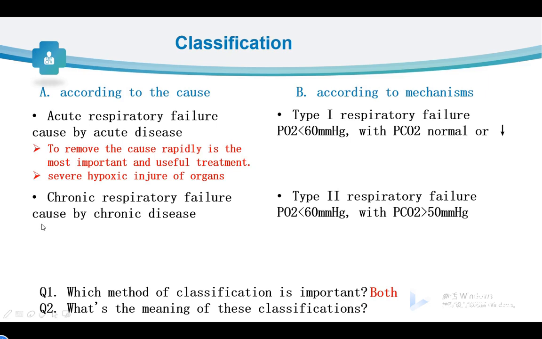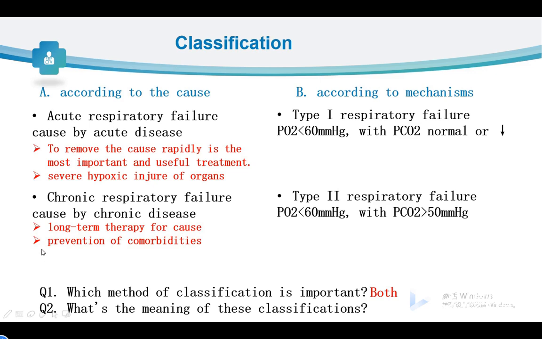But for the chronic disease, which can cause chronic respiratory failure, the typical diseases include COPD or asthma, right? For these patients, we know that they need long-term therapy for the cause, but not a rapid therapy for the cause.